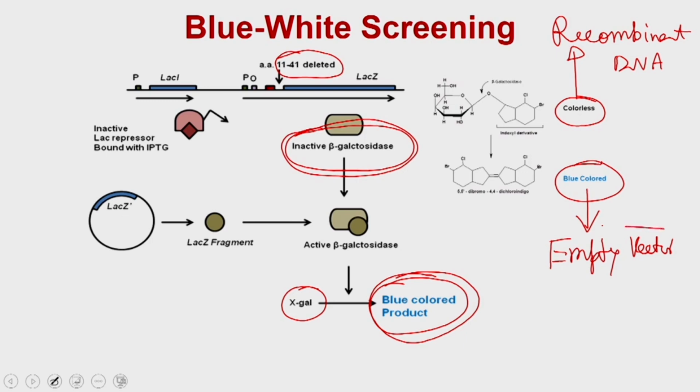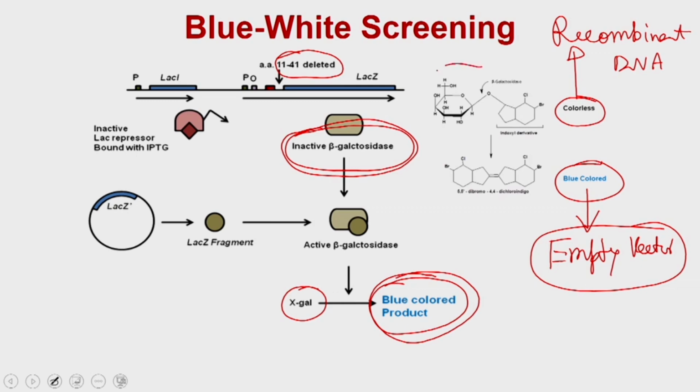If you stain the cells along with the X-gal, you will see blue as well as white colonies. The white colonies contain the recombinant DNA, whereas the blue colonies contain the empty vector or non-recombinant DNA.